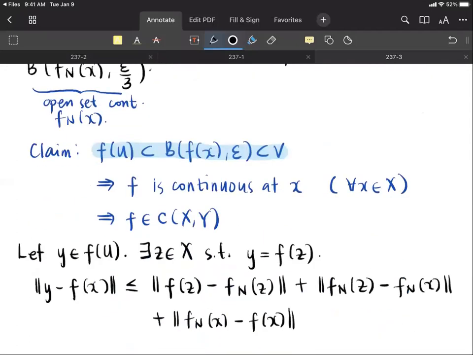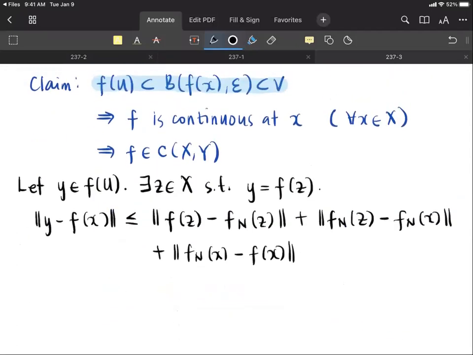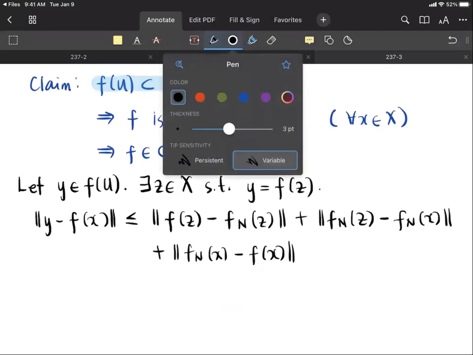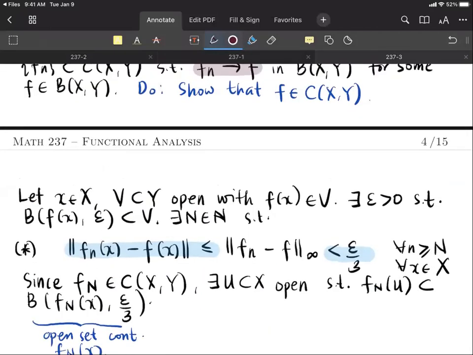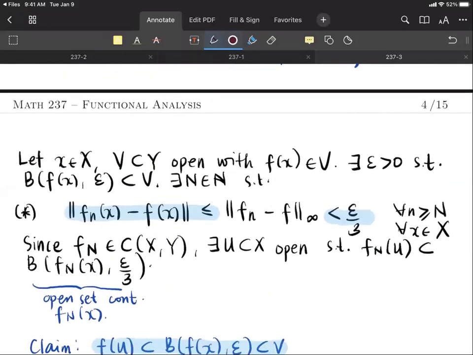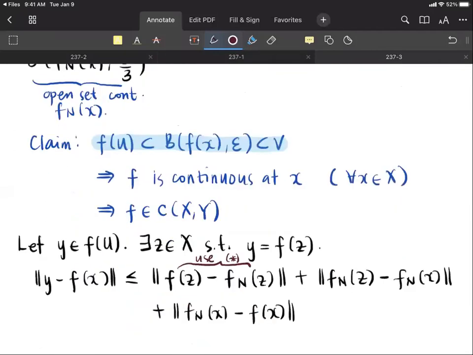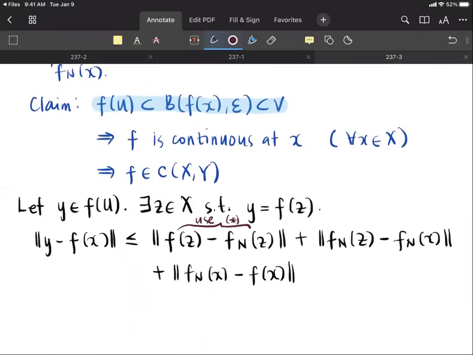We apply that inequality in the first and third terms on the right hand side. So here you use star. Of course, star is valid for any point in X, and we know that z is a point in X, so we can use this one.